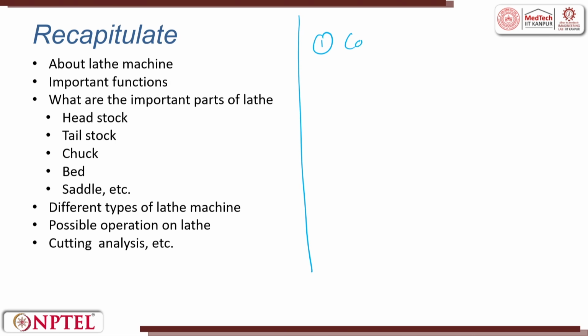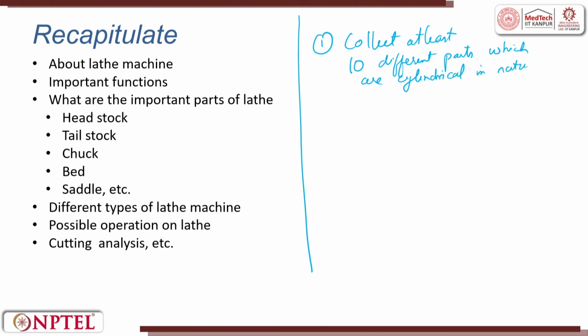First, collect at least 10 different parts which are cylindrical in nature and try to write the process sequence. What comes first, what comes next, what are all the operations involved. Collect 10 different parts, for example, camshaft, crankshaft, whatever you want to do, you can do.